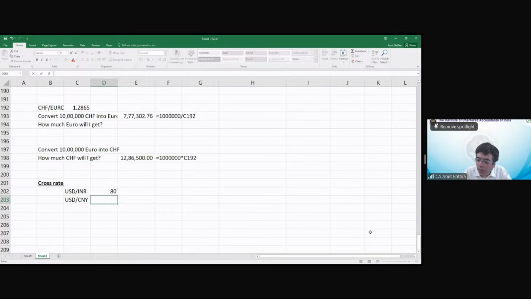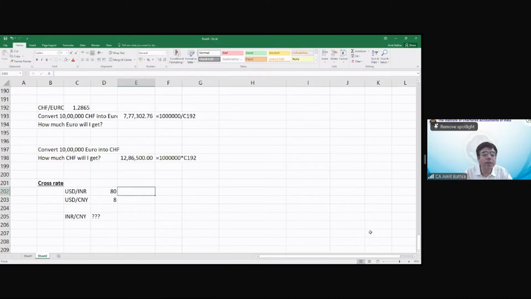It's around 7, 8. Okay, let's take 8 for a moment. So what is the INR to CNY? Calculate. How do I do this? So I will buy dollars with rupees, then I will sell dollars to have CNY.